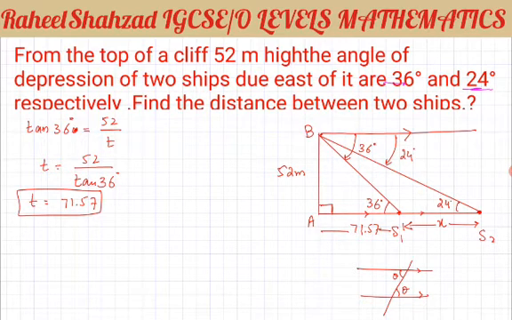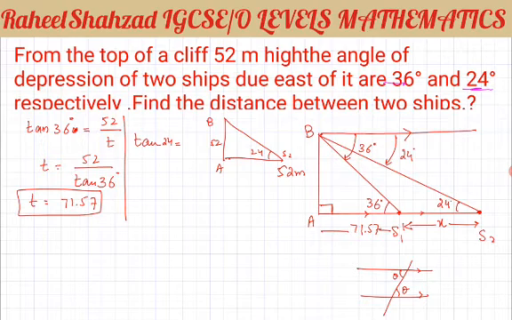Similarly, if I consider the bigger triangle A, B and S2, this side is 52 and that is the AS2 distance, and this angle is 24. We again apply tan here, so tan of 24 will be equal to 52 divided by AS2.